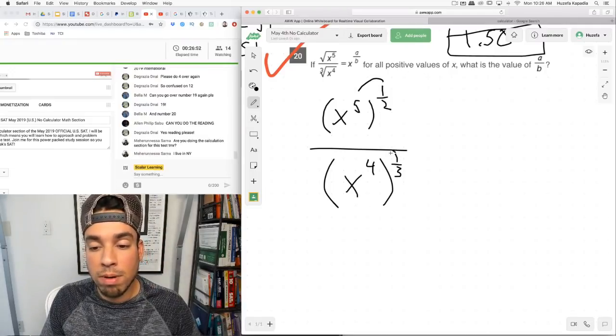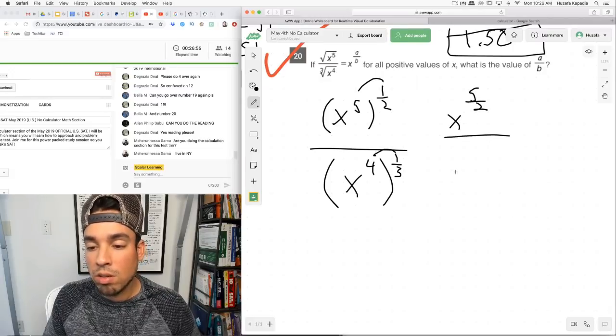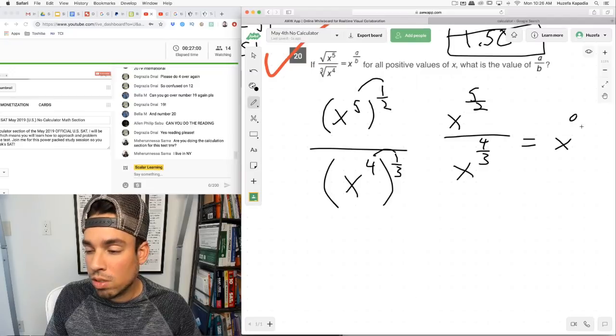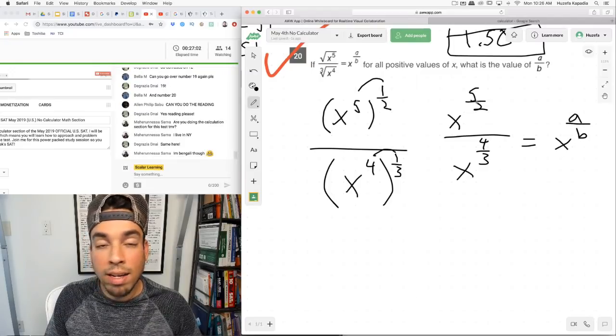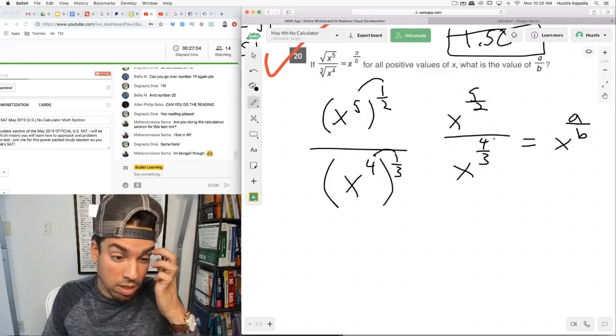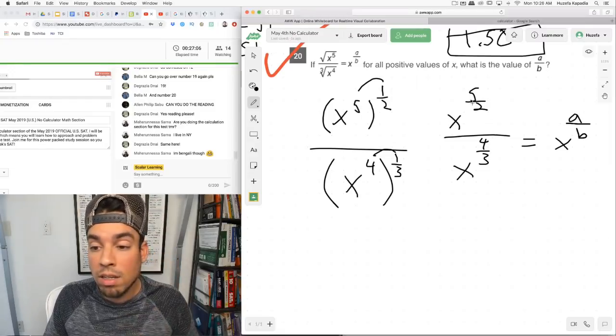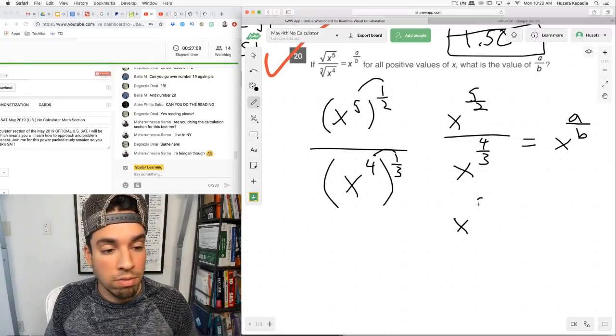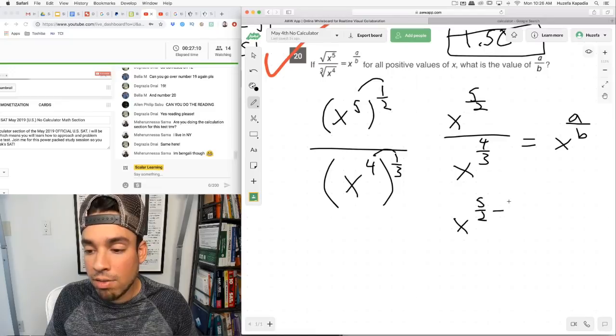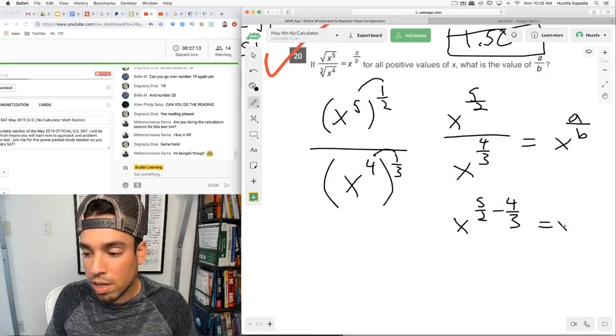Then I can simplify by multiplying in, and this becomes x to the 5/2 over x to the 4/3. We know this equals x to the a over b. I can combine these and get one singular base on the left side and subtract down. So it's x to the 5/2 minus 4/3 equals x to the a over b.